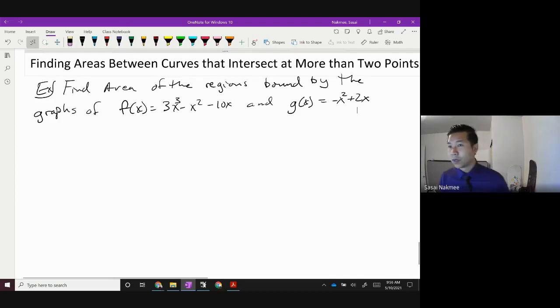Okay, so we got two graphs here, and we're just looking for the area that's bounded by these two graphs right here.